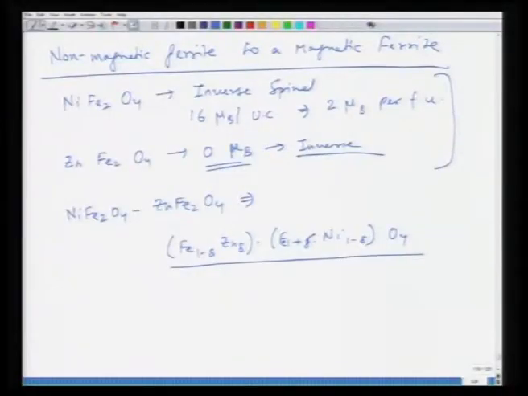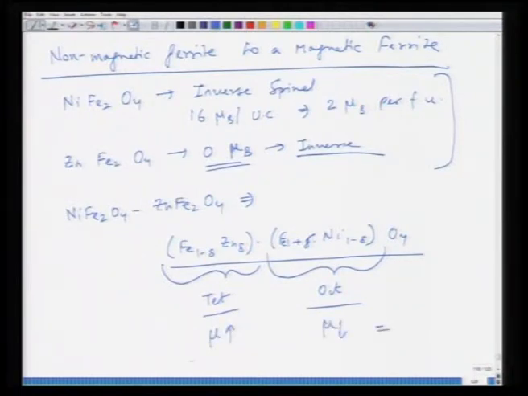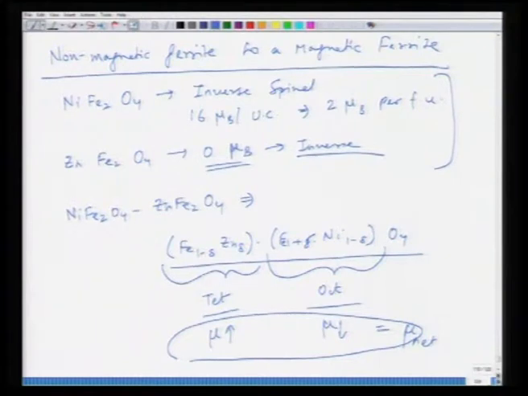So what happens here is, if you look here, these go to octahedral sites and these go to tetrahedral sites, and as a result you have mu up and mu down, and this gives rise to a non-zero magnetic moment which is higher than the parent compounds. So at the doping level of 40%, you get a higher magnetization, which you can calculate by putting in the value of delta as 0.4.